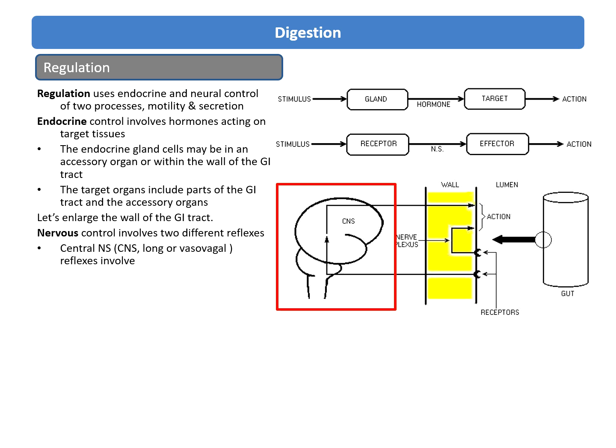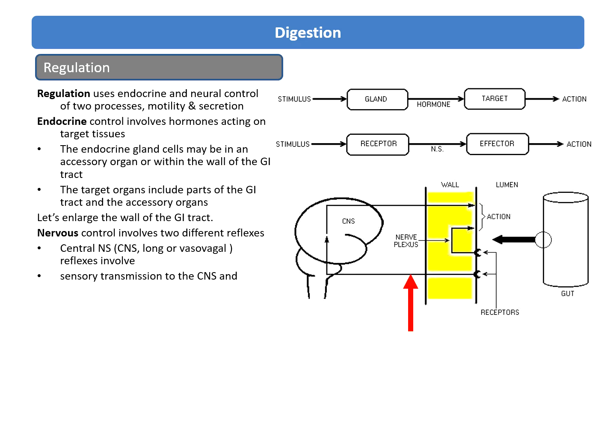One is a central nervous system reflex. It's also called a long or vasovagal reflex. I'll call it the CNS, central nervous reflex. It involves sensory transmission by way of sensory neurons to the central nervous system, and motor transmission from the central nervous system back to the site of action.